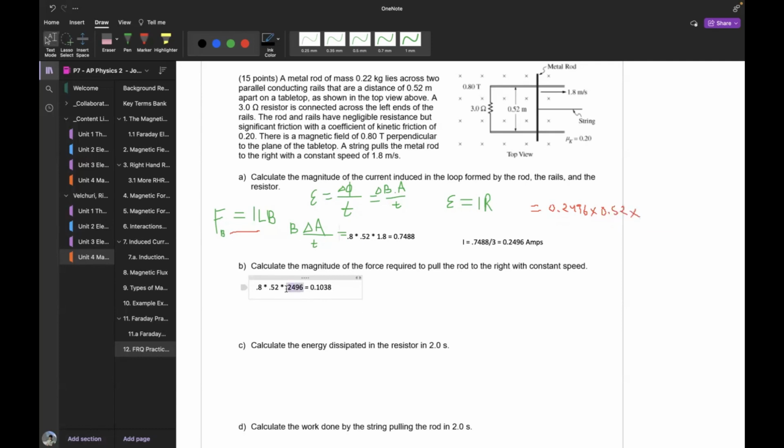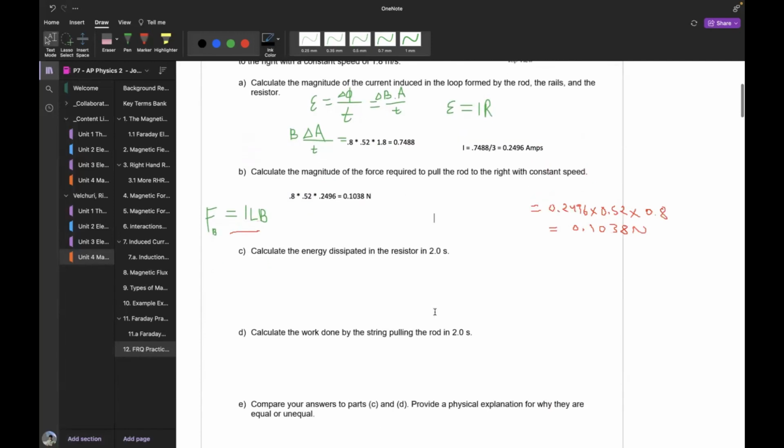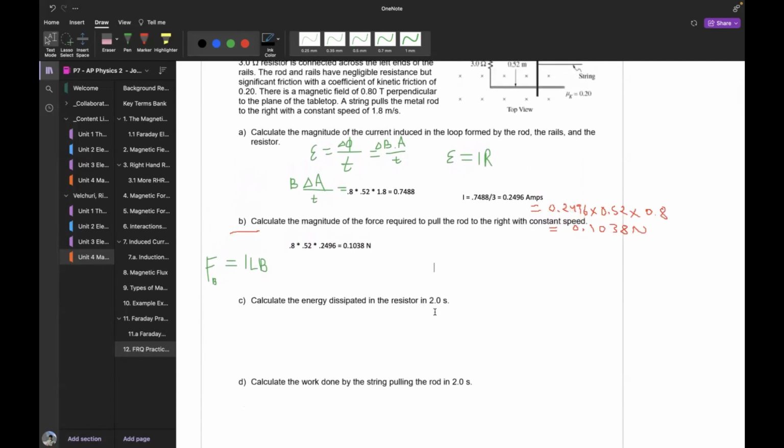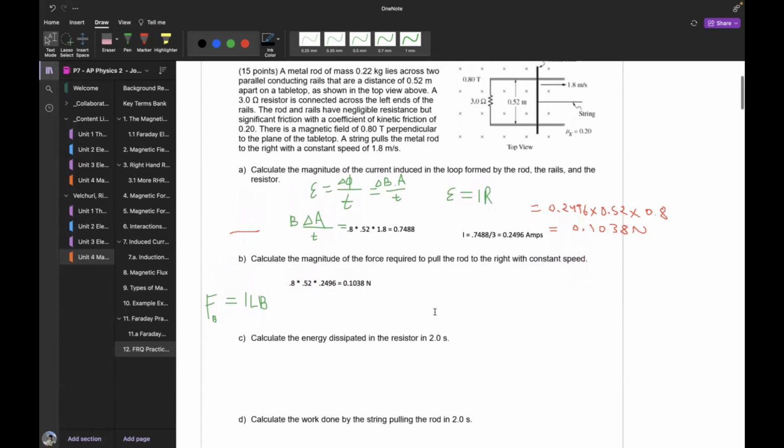B is 0.8. This is 0.1038 units. First, the magnitude of force required. So this is the force which is pulling it backwards.